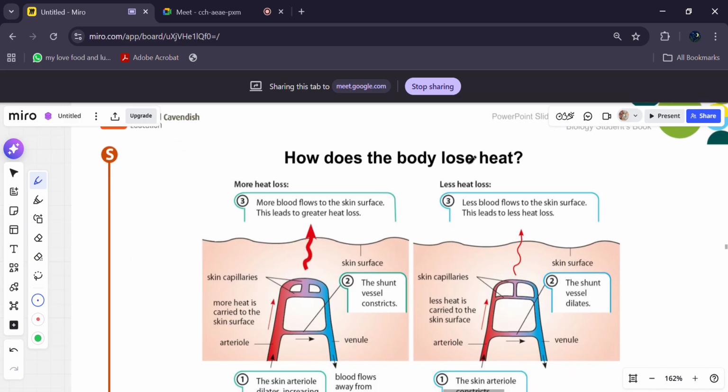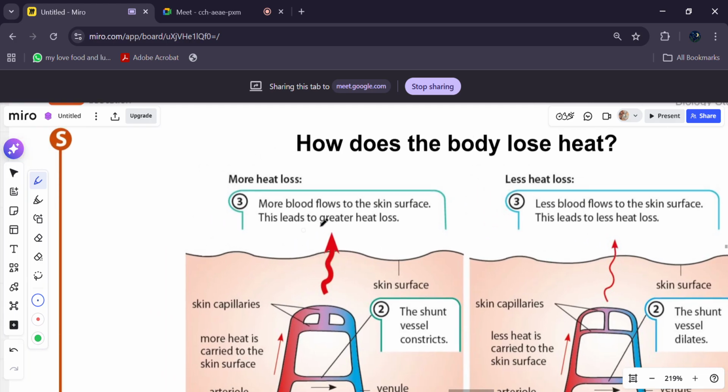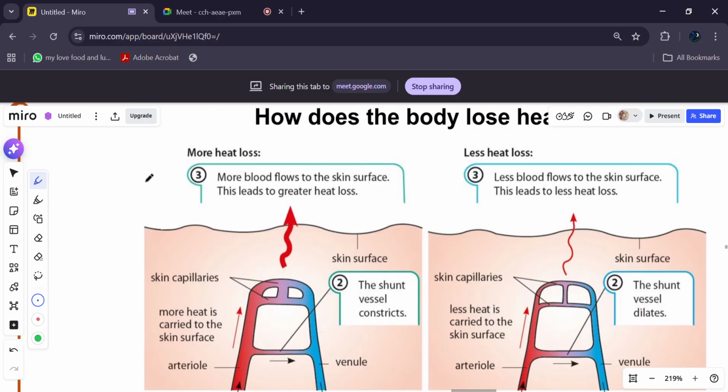Now we'll go to how our body loses heat.